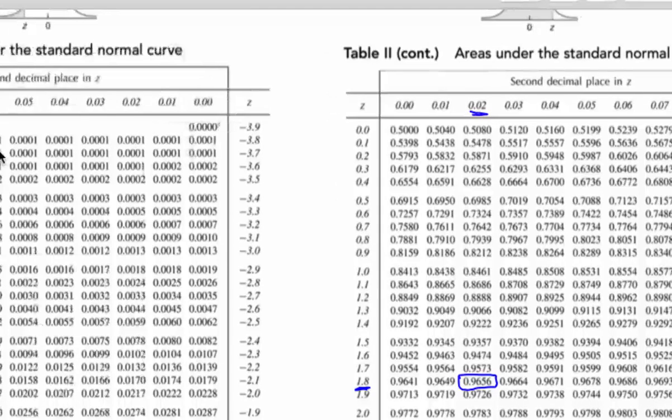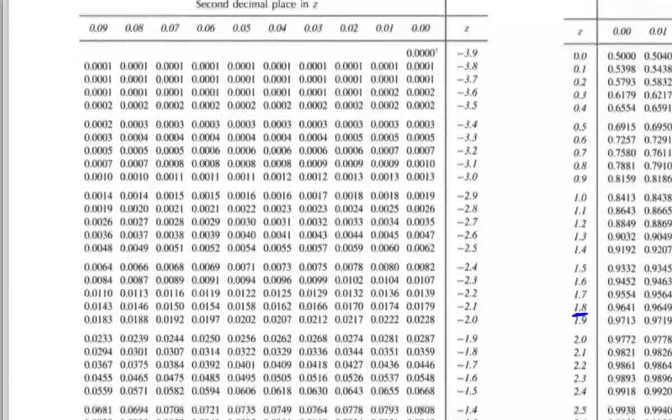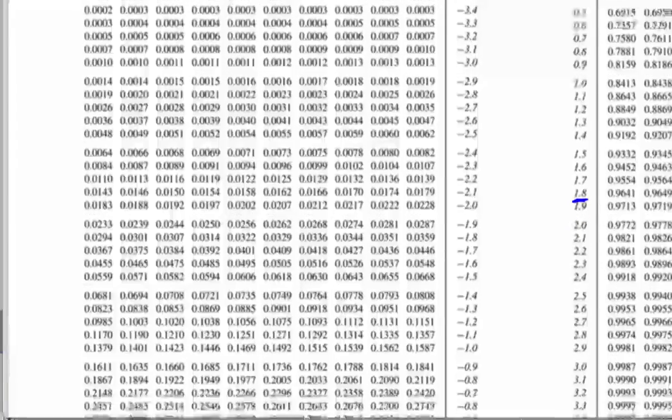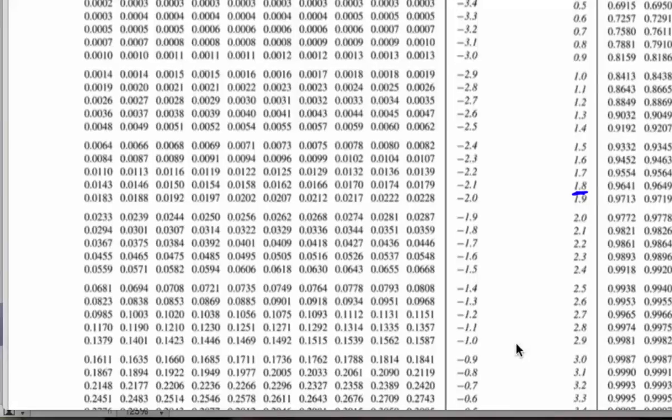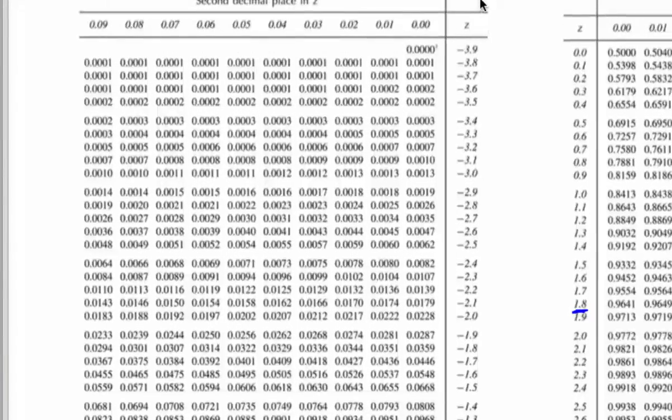And then what was the other one? Negative 0.68. Okay, so where are we going to look? We're going to start looking down this column. Negative points way down here at the bottom, negative 0.6. And then in which column are we going to look? The second from the end, for the 0.08.